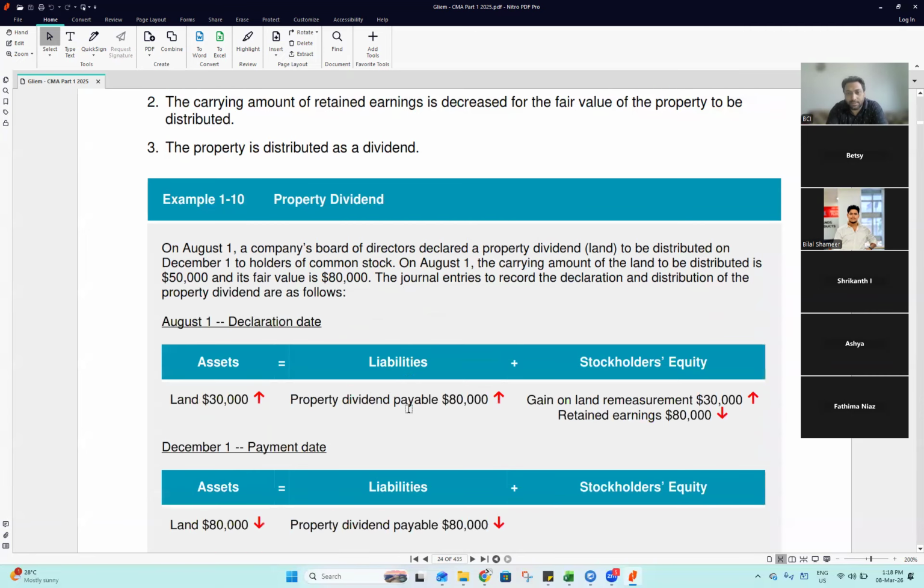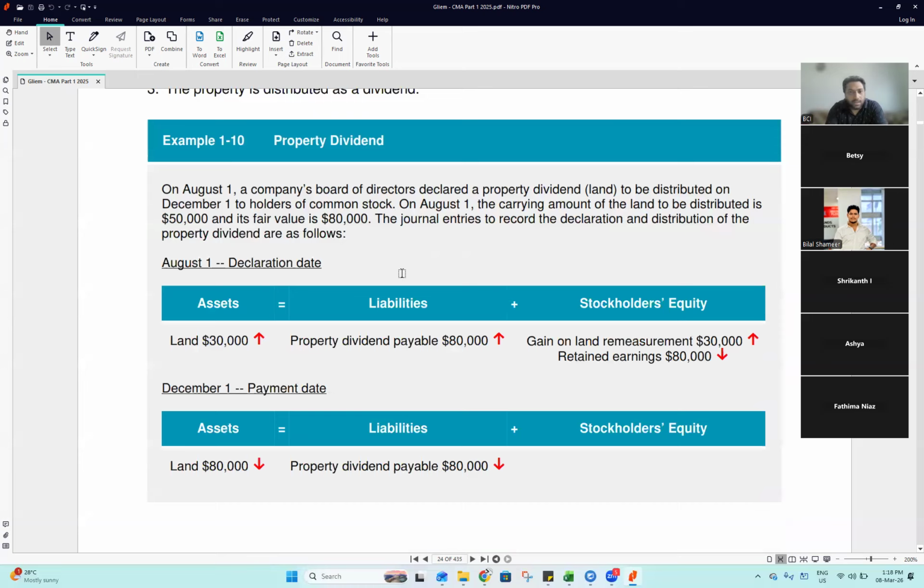Now, let's see this example here. On 1st August, the company's board of directors declared a property dividend to be distributed on December 1st to holders of common stock. On August 1st, the carrying amount of the land to be distributed is 50,000 and its fair value is $80,000. So what happens now? The book value is only 50,000. So what do we have to do? We have to increase the land value.